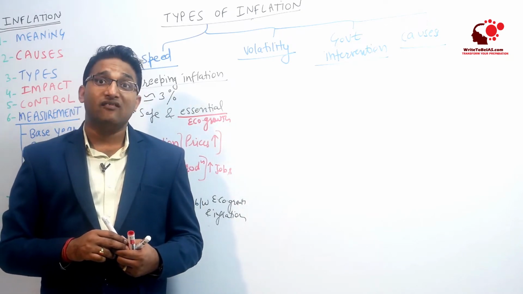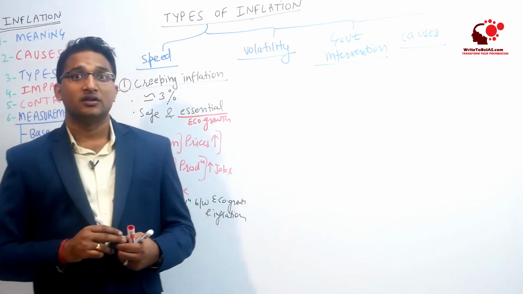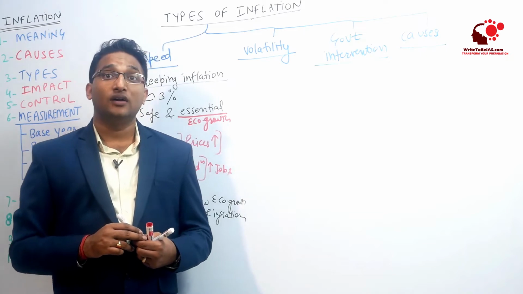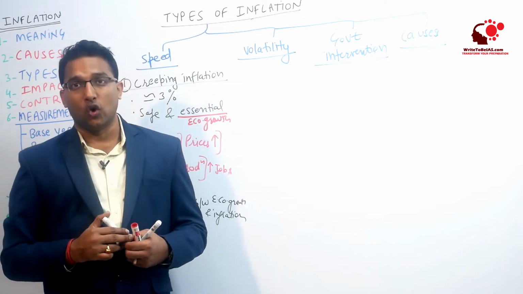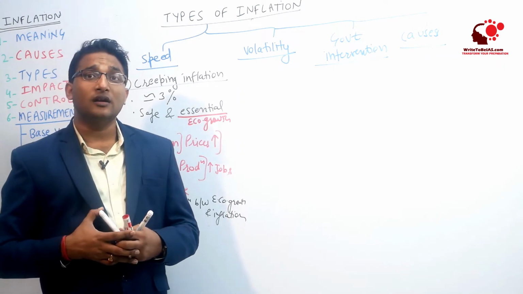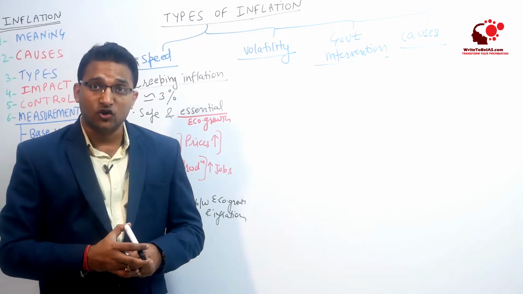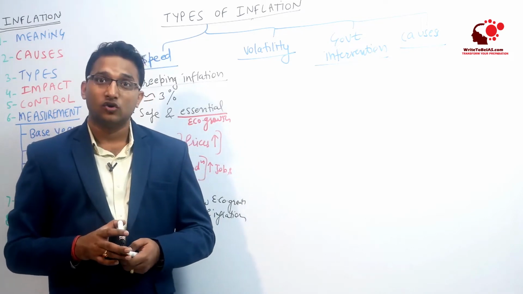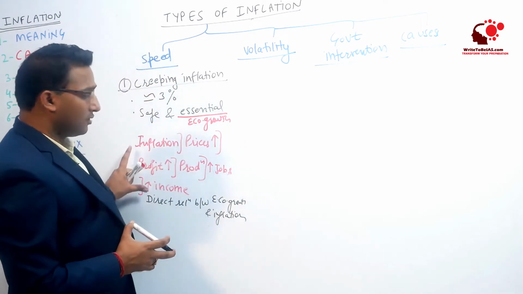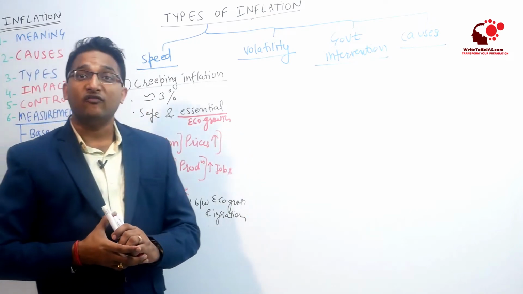What can be the adverse impacts? It can have an adverse impact on exports, on saving rates, and so on. We will see the adverse impacts separately. So in the long term, if the inflation rate remains very high, not in the safe zone, it is bad. In the safe zone, it is good. Therefore, creeping inflation is supposed to be safe and essential.